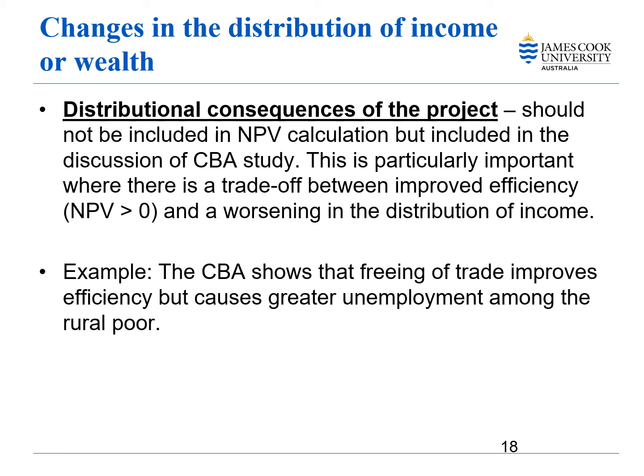So in such cases, one shortcoming of our CBA, we should say, is that when we are calculating the present value of net social benefits, it does not include such distributional effects, distributional consequences, explicitly.